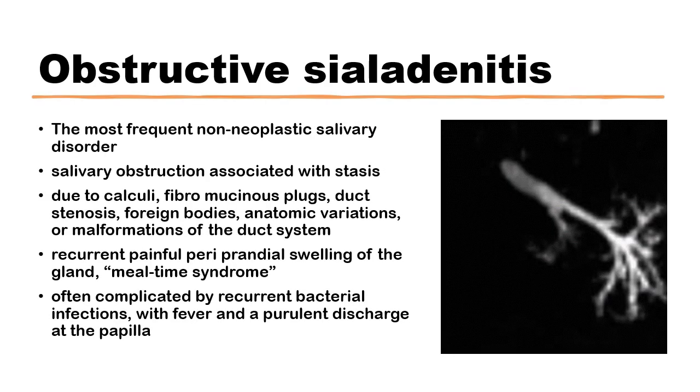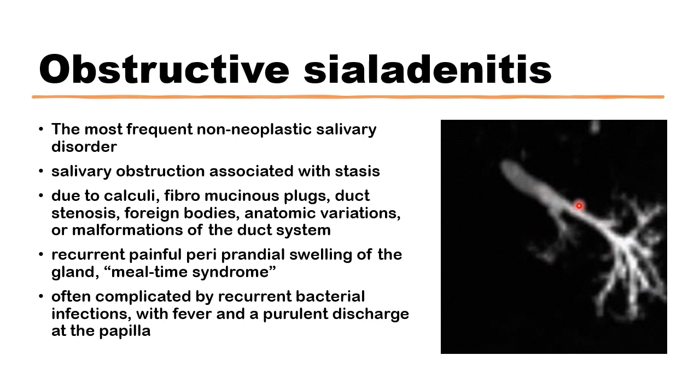Obstructive sialolithiasis is the condition of mechanical obstruction to the flow of saliva through the duct system into the oral cavity, associated with stasis of the saliva and intermittent inflammatory process in the gland parenchyma.